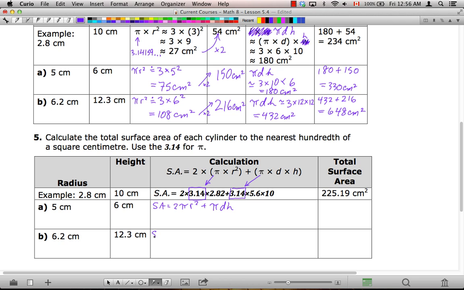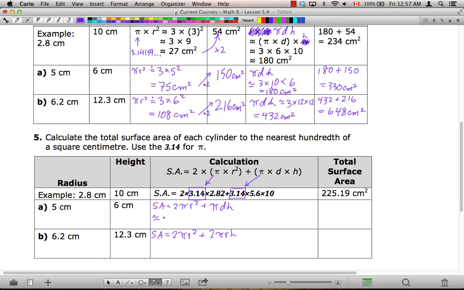But I do want to point out that the surface area can be done in a different way. You can do 2 pi r squared, which is the area of the two circles, and you can do 2 pi r h if you like as well. So doing 2r, that's the same thing as d.